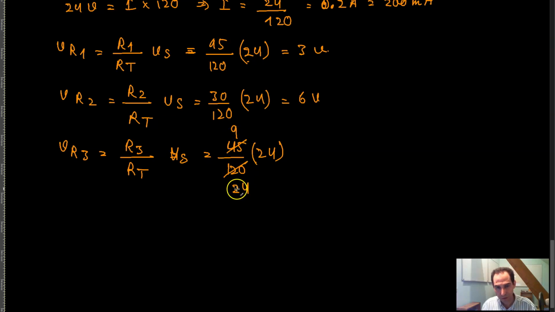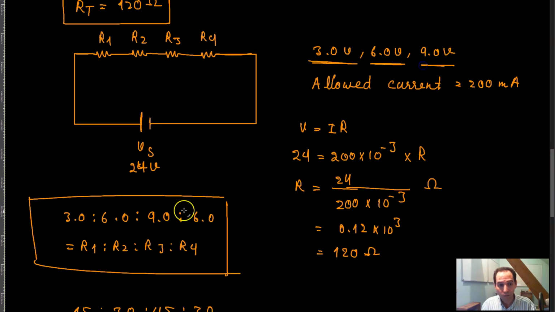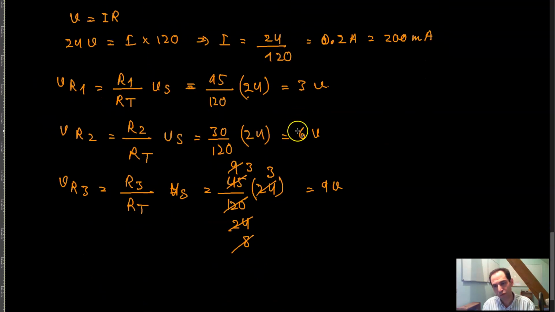So 9 over 24, and 3 times 8 is equal to 24, so that's 3 over 8. And 8 times 3 is 24, so 24 over 8 is equal to 3, and so 3 times 3 is equal to 9 volts. Exactly 9 volts I'm getting on R3. And the rest of the voltage goes to the last resistor there, right?